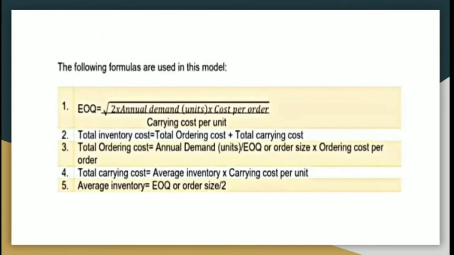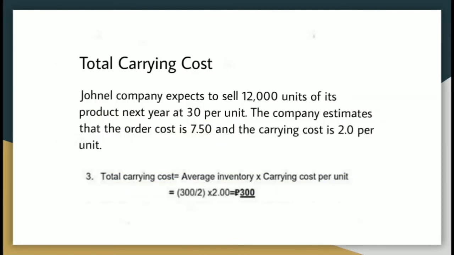Average inventory equals EOQ divided by 2. How much is our EOQ again? That is 300 divided by 2, and then times our carrying cost per unit, which is 2. When we compute it, that would be 300 pesos.